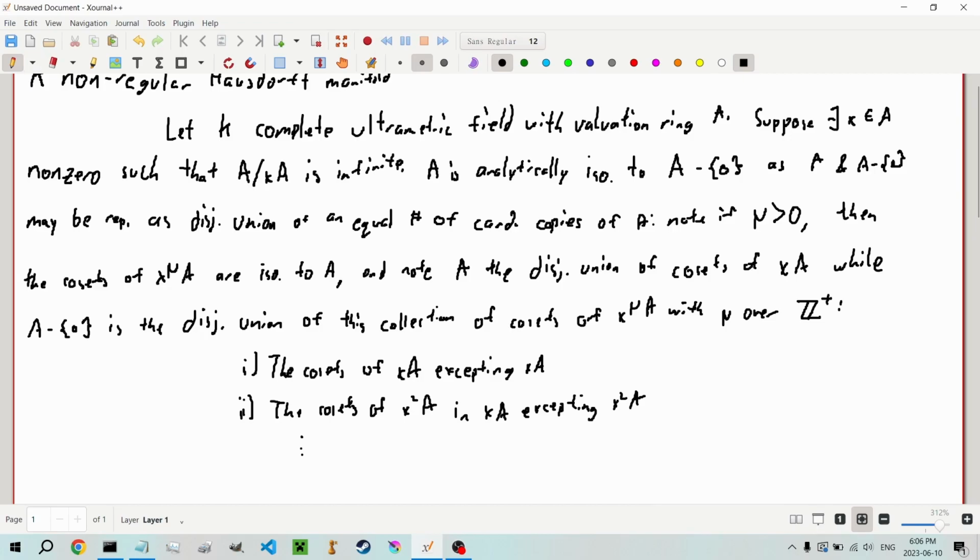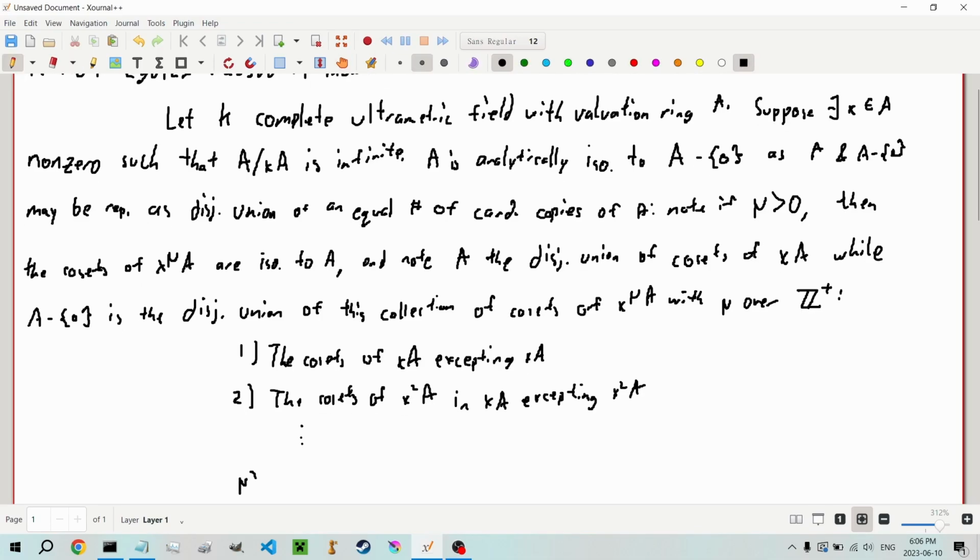I should probably be indexing these with numbers. So it's 1 to 2 up to mu, which is the cosets of x to the mu alpha in x to the mu minus 1 alpha, excepting x to the mu alpha.